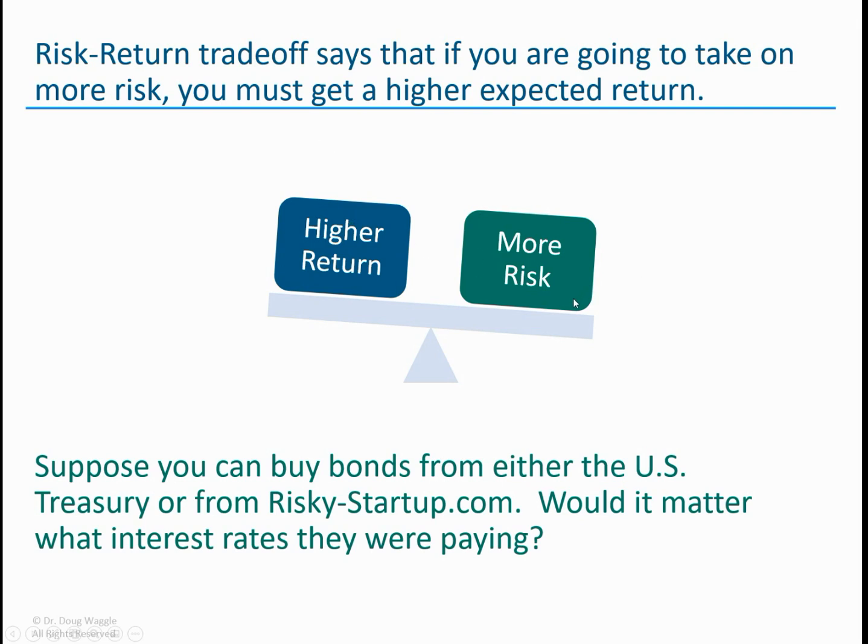You are not going to get a 10% return right now by putting your money in a savings account. What you get in a savings account is very low risk, very low return. If you want the higher expected payout, or expected return, from investing in the stock market, you've got to take on more risk.